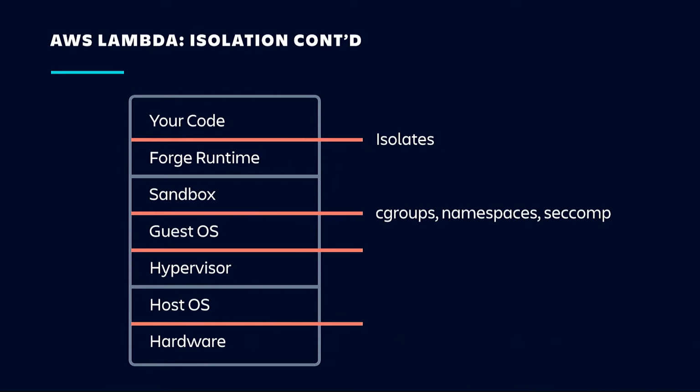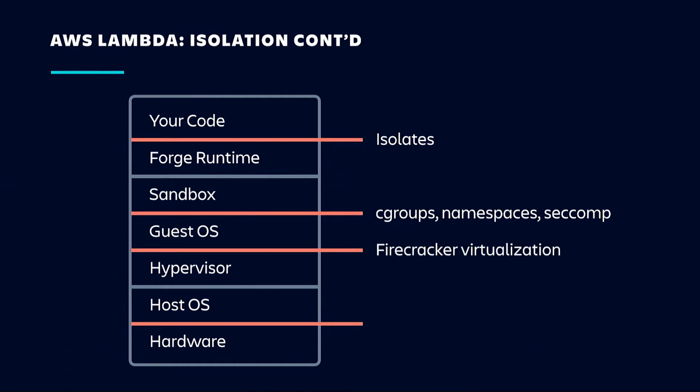So they're using very similar technologies that Docker uses to implement isolation. So that's control groups, where how much CPU, how much memory you get is controllable. Namespaces that isolate processes from each other. seccomp to limit the syscalls that your process is able to do. So you can think of that roughly as a container-like environment.